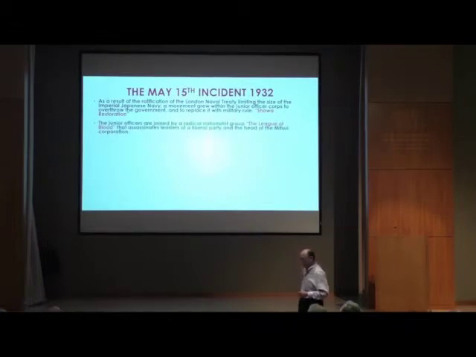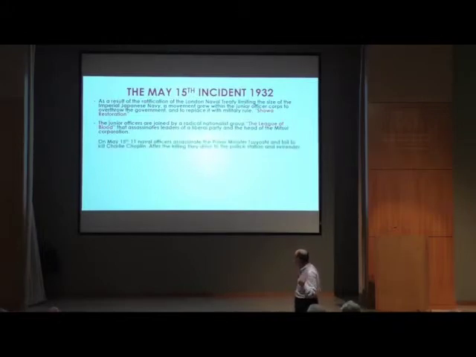They are joined by this group called the League of Blood, and these guys are incredibly violent. They kill the head of the Mitsui Corporation. They shoot democratic politicians. They're basically thugs, really.